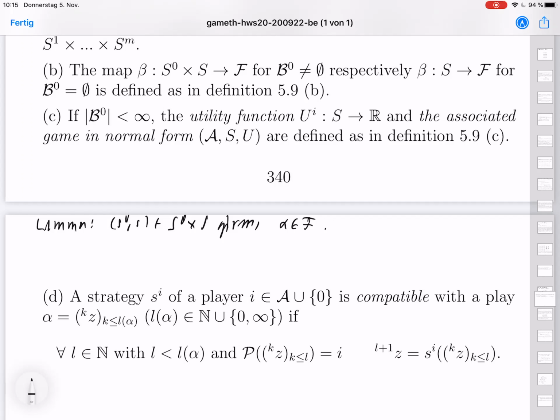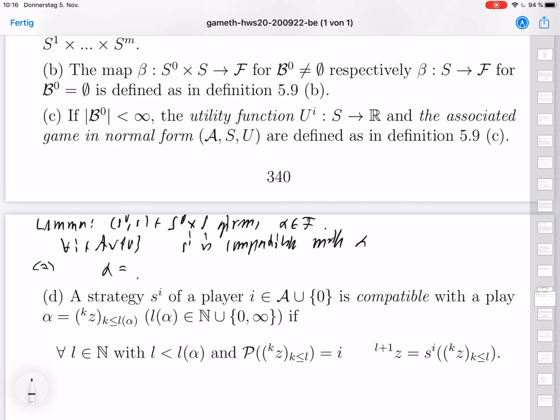Then for any I in A union with 0, Si is compatible with this alpha if and only if alpha is the final play which arises from S0 and S. So this is a rather obvious lemma.